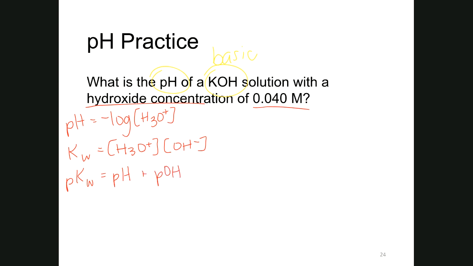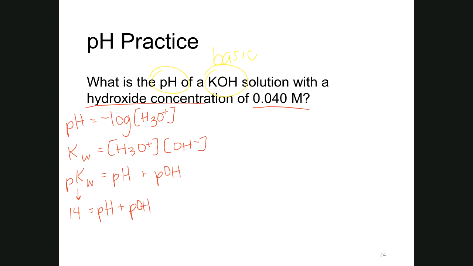It's the exact same equation, but now it's done with logs. So if you know anything about logs, that's why it turned from multiplication to addition. If you don't understand where that came from, don't worry about it. Just know this equation. Now pKw equals 14. So we can say that 14 equals pH plus pOH.